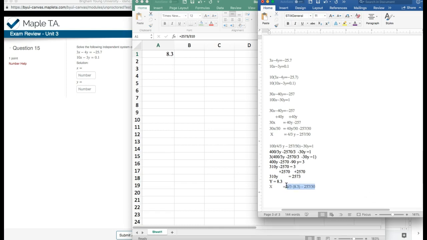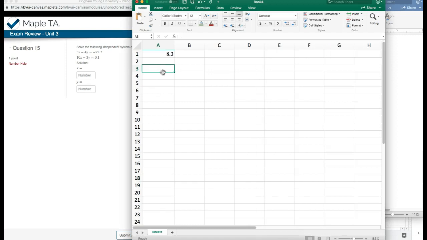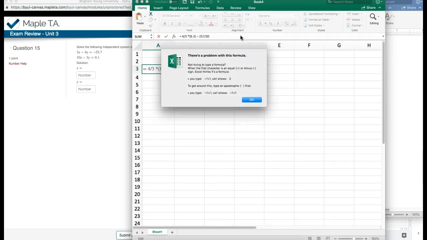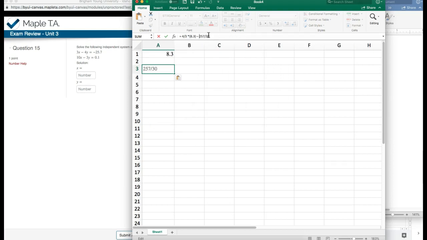I'm just going to take this and copy and paste it into Excel. Paste here and make sure that I get my multiplication sign. Everything else looks good. Press enter. Oh, it's not liking something here. I guess we probably have some extra spaces.